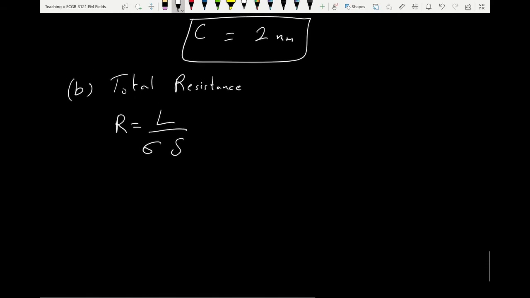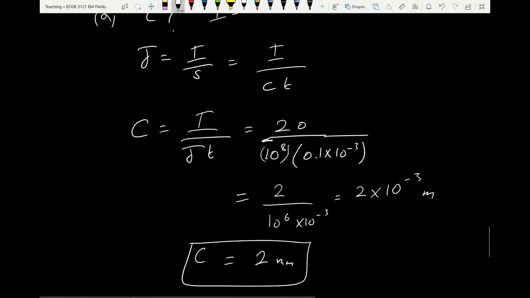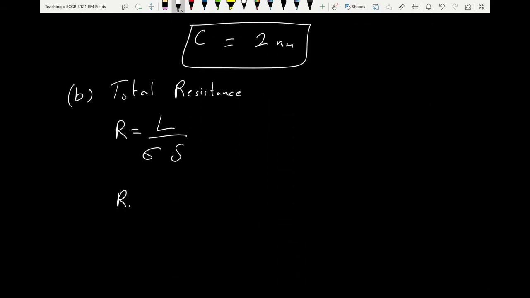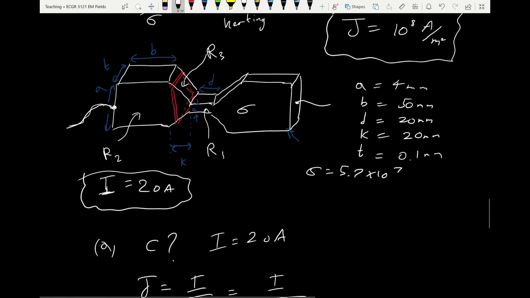But let's start with the easy part. What's R1? R1 is L1 over sigma S1. What's L1? L1 is D, the length of the neck.